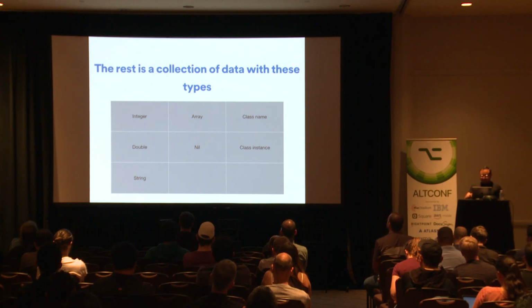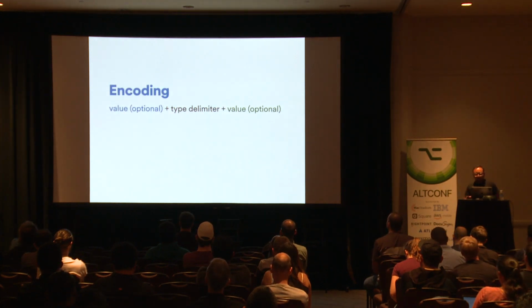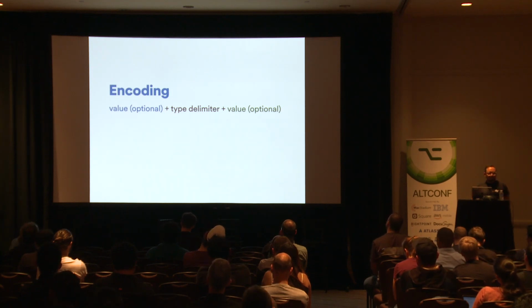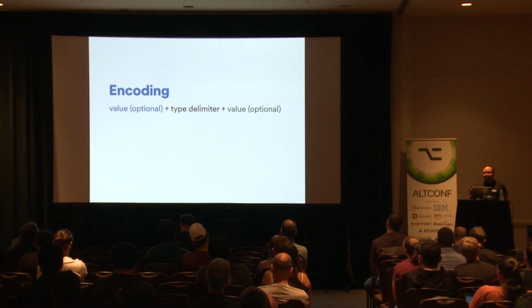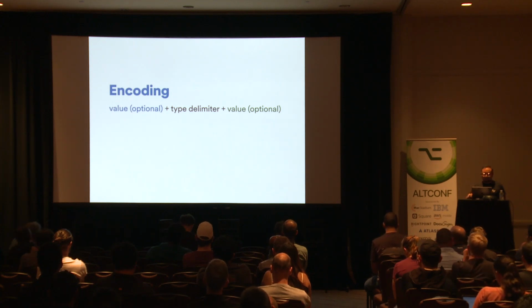This is how the SLF encoding works. You have a value that is optional. Then you will have a character that Vincent calls the type delimiter. That character will tell you what type the encoded value is. And then you can have, on the right-hand side, a value that is also optional.